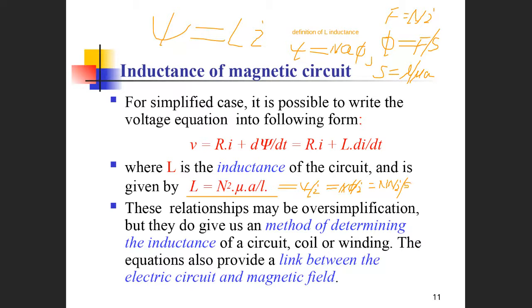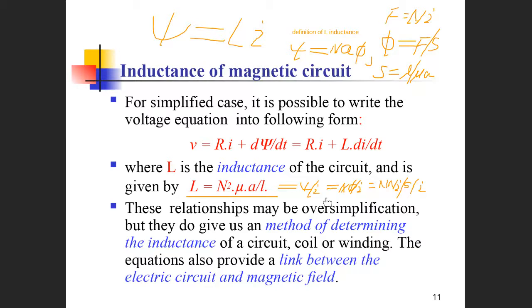So L is the flux linkage over the current, which is the turn number N times phi over the current. And phi is F over S, where F is Ni. So you have Ni over S, times the original N, so you have N square here, and current I over I.